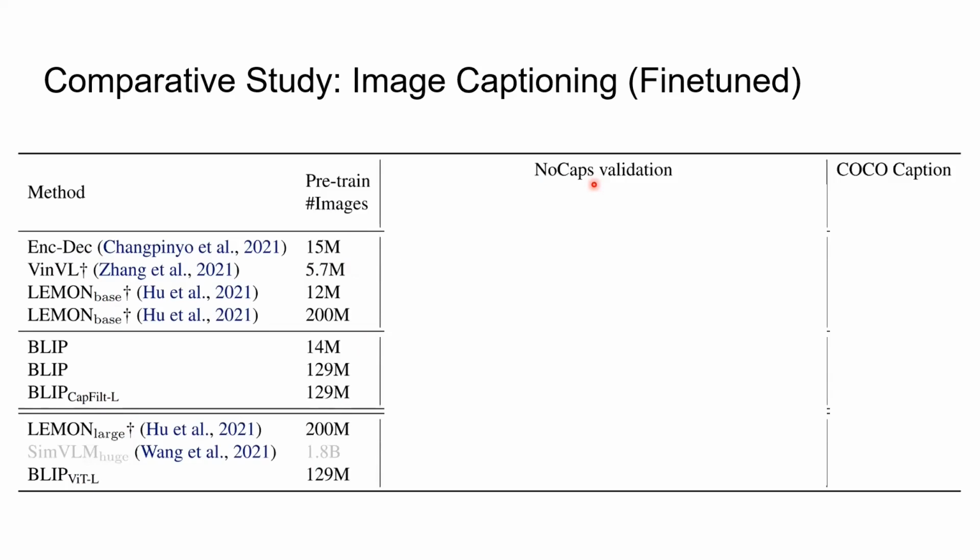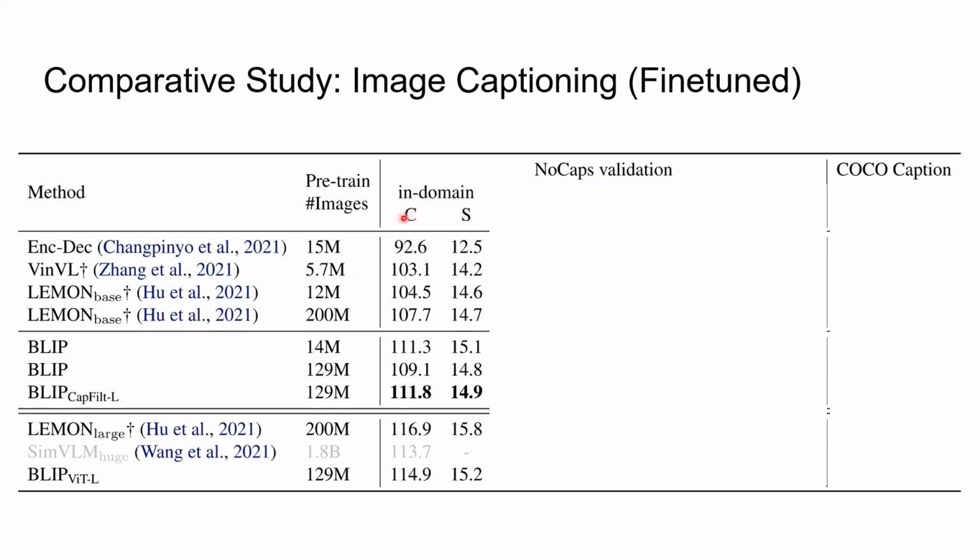These are in domain, near domain, out domain, and overall. If you think of it as a data set that has planes, in domain would be an image with a plane, near domain would be an image with a car because it's a vehicle, but not a plane, and out domain would be an image that has none of the classes in it. Overall, it's just the entirety of the data set.